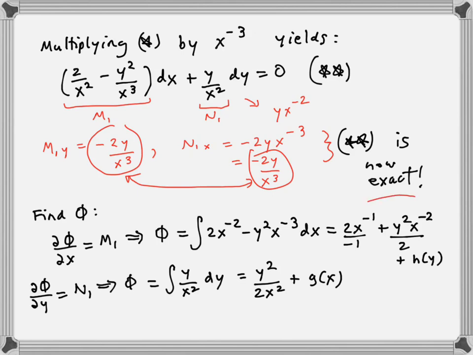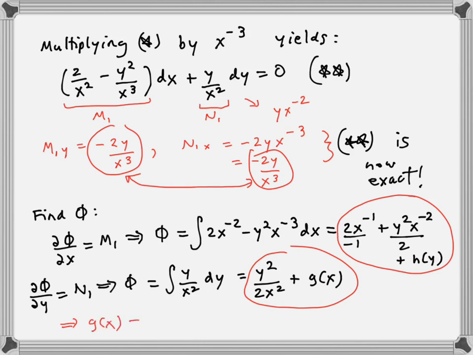So if you set this guy equal to this guy, what do we notice? We didn't gain that many new pieces, but we know that g of x must be this 2x to the negative 1 over negative 1, right? Because that guy doesn't appear in the other. So we end up with, this is going to equal negative 2 over x, right?